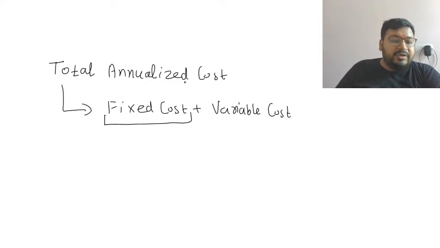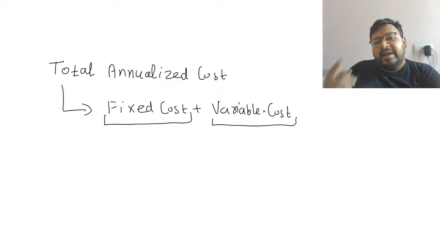To construct the plant, to start the plant, you put a lot of money, that is fixed capital investment. To recover that, you cover each year an amount known as depreciation. That can also be represented as the fixed cost. And variable cost is the money that you spend during the running of the plant.